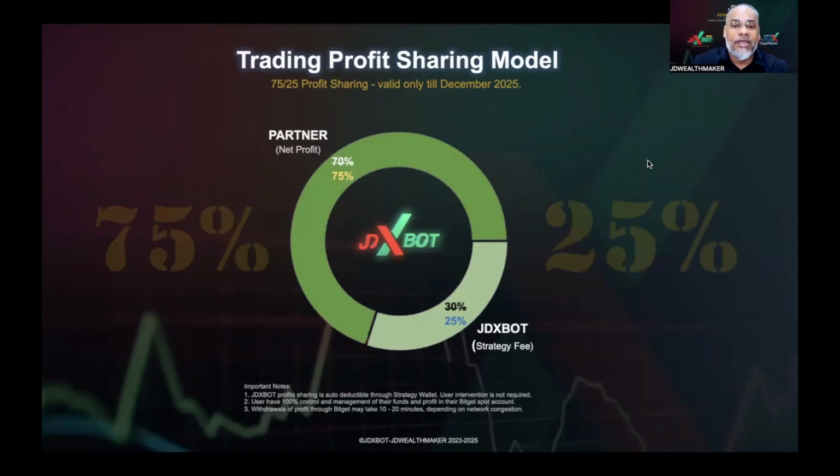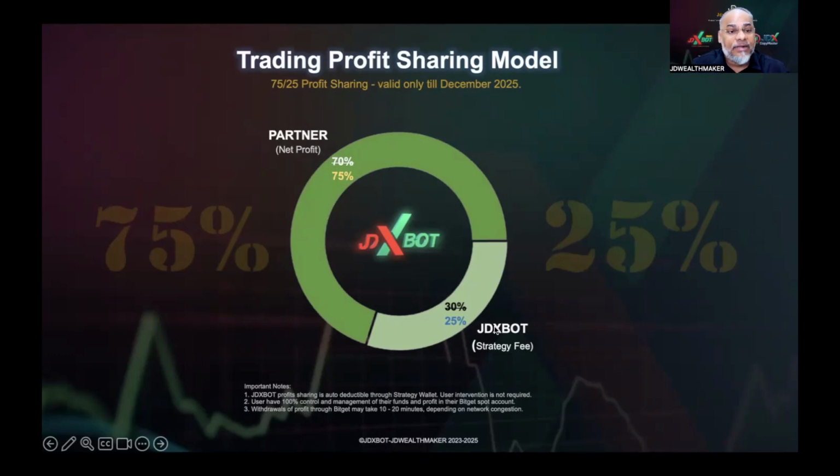The 75-25 profit sharing is valid up to the end of December this year. Thereafter, it will revert back to 70-30. That means our partners now will enjoy 75% net profit after deducting all the fees, and JD Expert will enjoy 25% as a strategy fee.